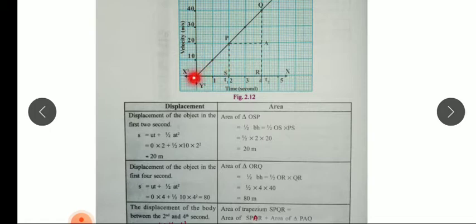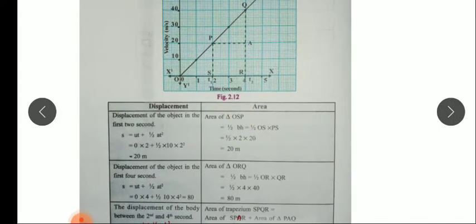So the displacement within 2 seconds is equal to the area of the triangle OSP. So here the area of triangle OSP is equal to half into B into H, half into OS into PS. That gives half into OS is equal to 2 and PS is equal to 20. So substituting we will get 20 meters.